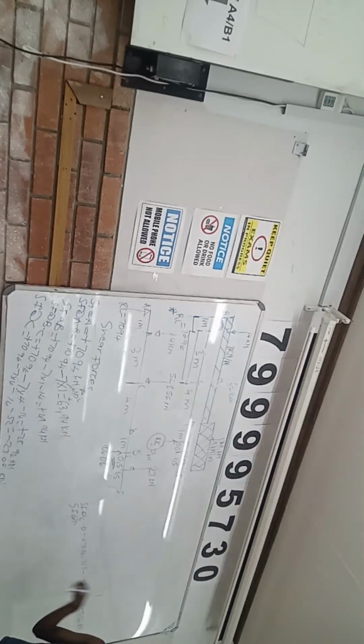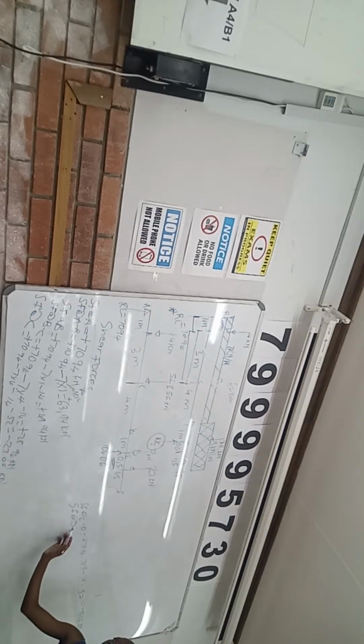You cover shear force at D to E, because there is no force acting at D. So shear force at D to E. What's shear force at D to E?